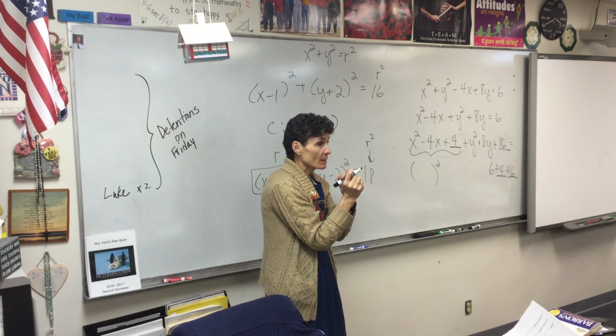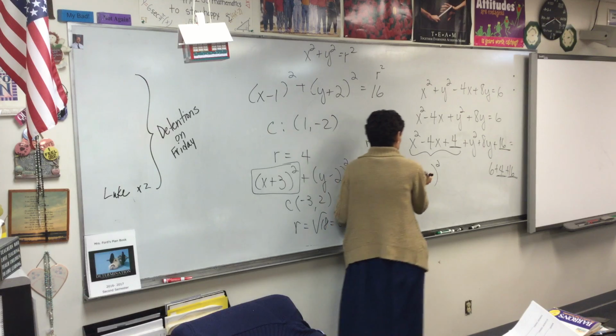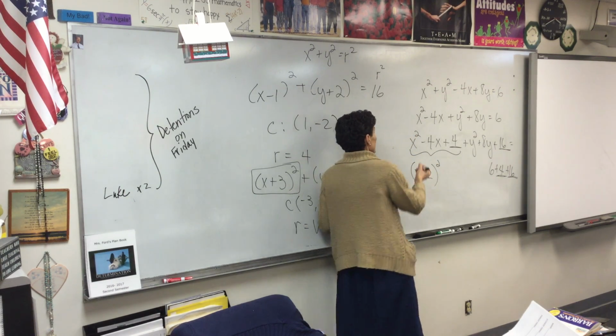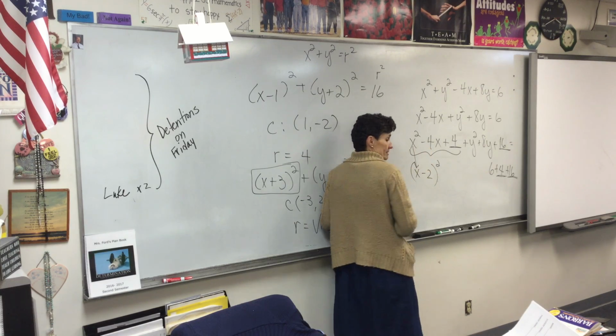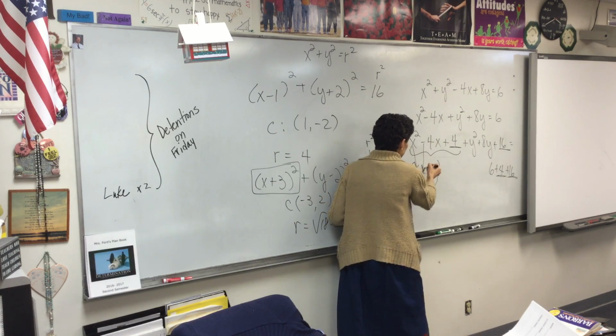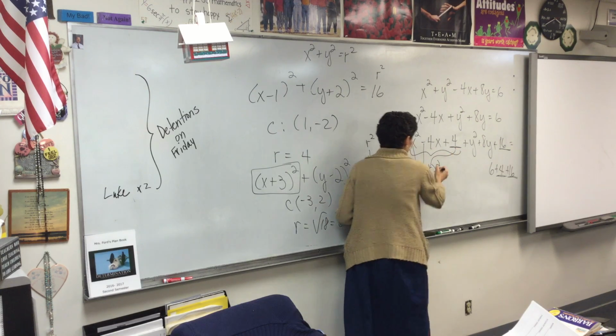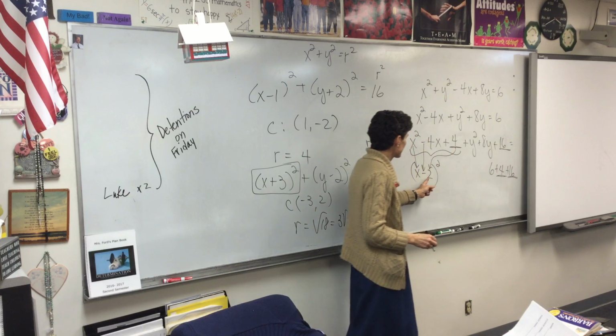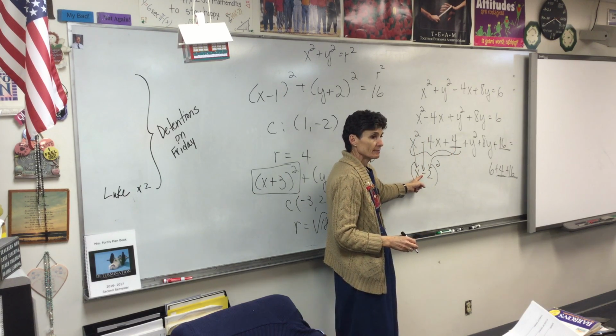X minus 2. So the square root is X, the square root is 2, and it's being subtracted.